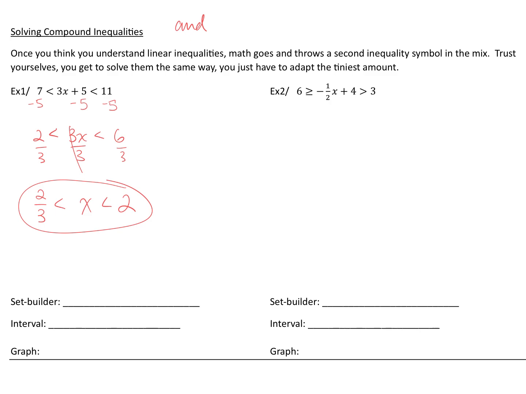The set builder notation is exactly the same as the inequality notation with a little bit of extra window dressing. So 2/3 is less than x, less than 2. You will take your inequality, it becomes part of your set builder notation.